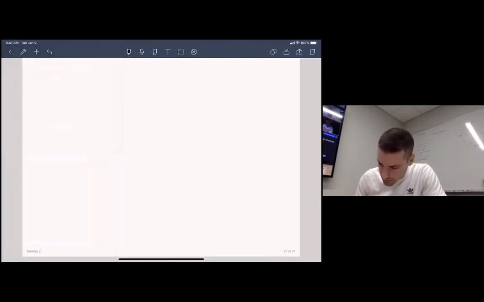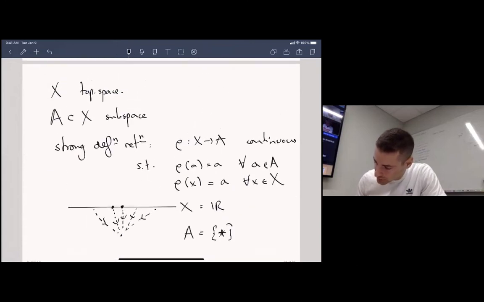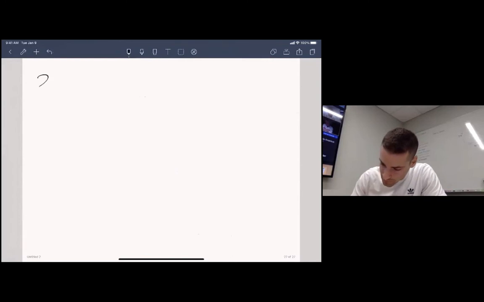And a strong deformation retraction is when you have this retraction, 1 and 2, and this is homotopic to the identity.